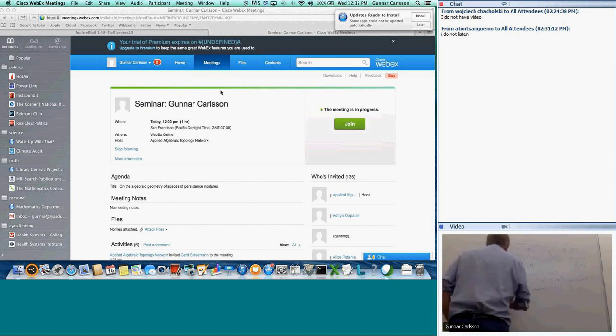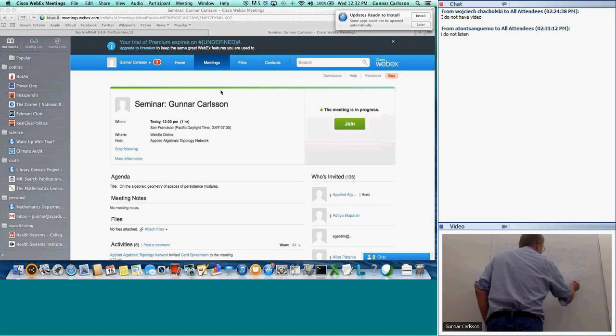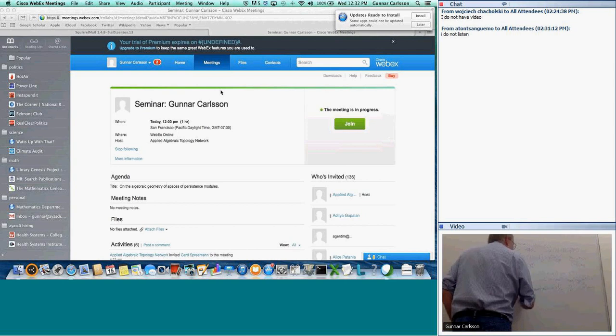then we'll write the affine coordinate ring of V as R of x1 through xk, the polynomial functions, modulo the ideal generated by f1 through fn.